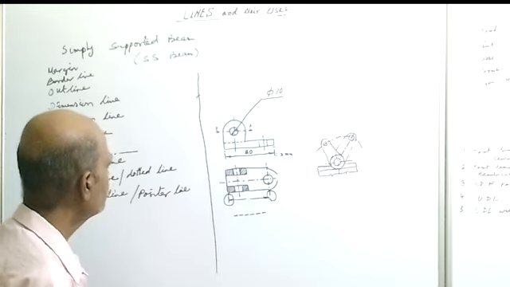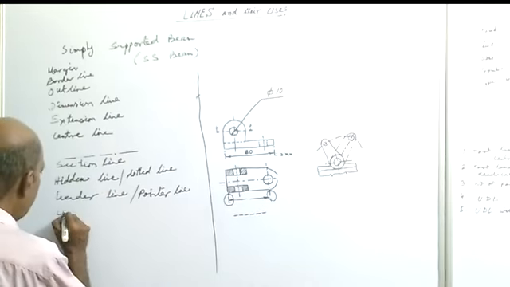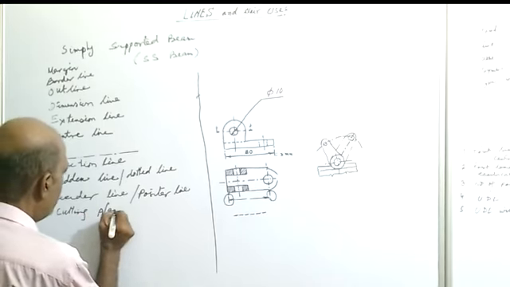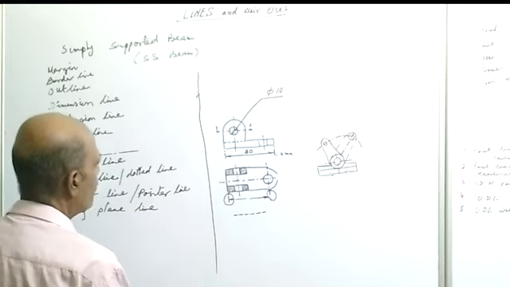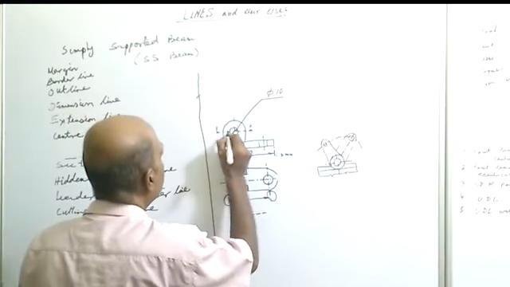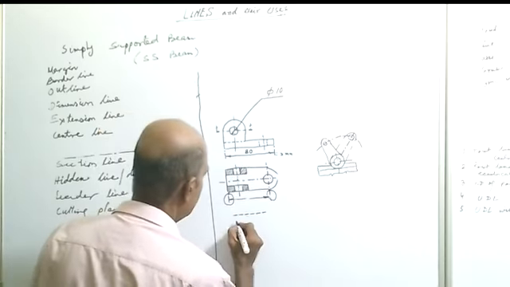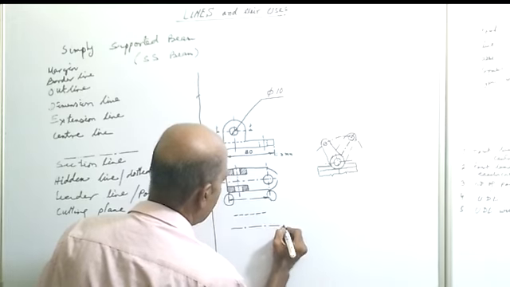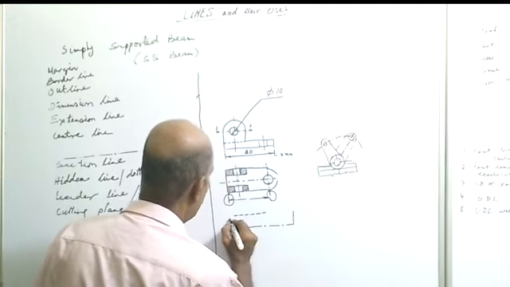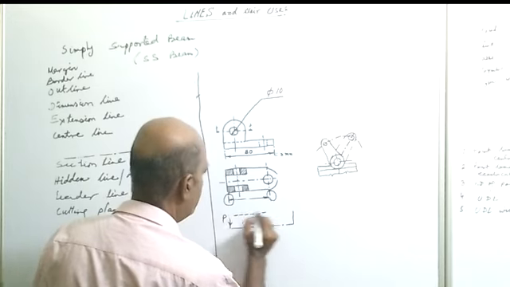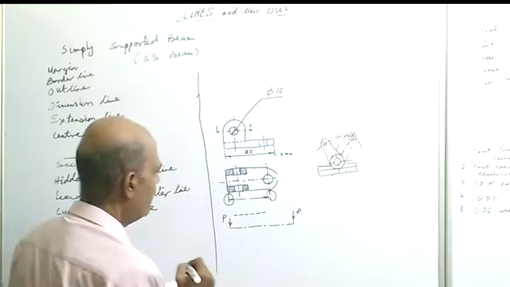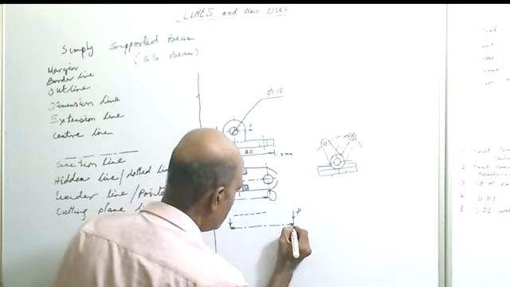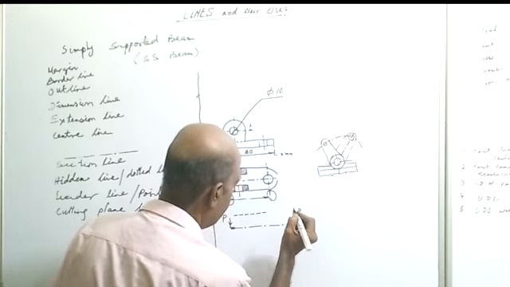Now the next line is the cutting plane line. This line is just like a center line, but at the end, say here PP is the section plane, the line will be thick.